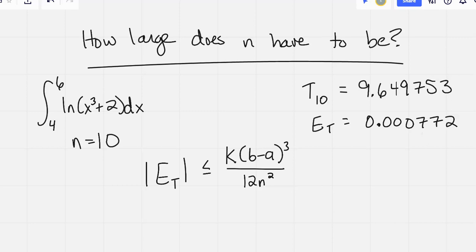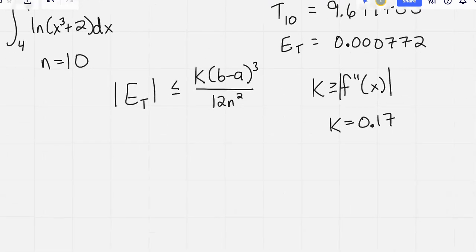I've shown previously that we can use Desmos to find the second derivative, because K has to be greater than or equal to the absolute value of the second derivative of f of x. I'll leave that for you to find in a previous video, but I got K equals 0.17. Again, I showed how you can graph f of x, graph the derivative, and then find the max of that second derivative. That's what we're using for our K.